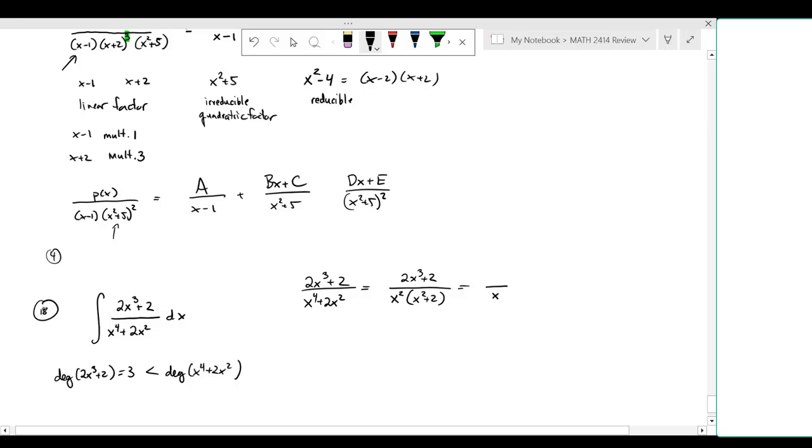We're going to think of it as a linear factor, and it has multiplicity 2. So you'd write x and then x squared, and then a constant on top. And this is an irreducible quadratic factor with multiplicity 1, so we're just going to have a linear factor on top.